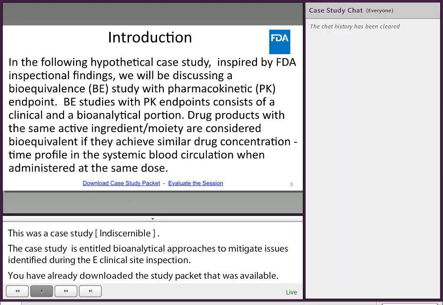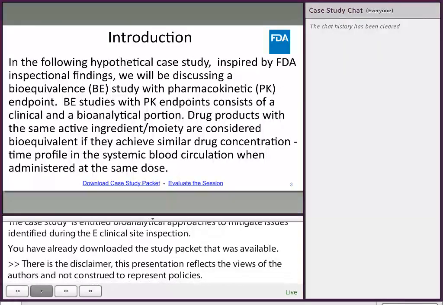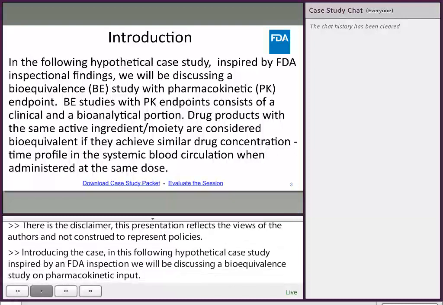So in introducing the case, in this following hypothetical case study, which is inspired by an FDA inspection, you will be discussing a bioequivalence study with pharmacokinetic endpoint. These studies with pharmacokinetic endpoints consist of a clinical and bioanalytical portion.